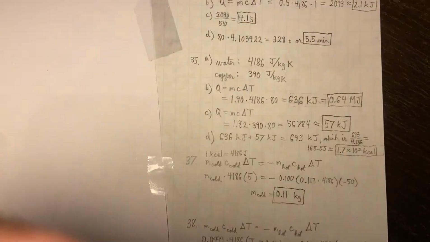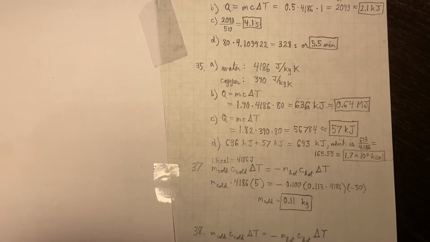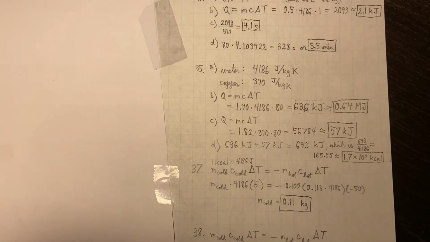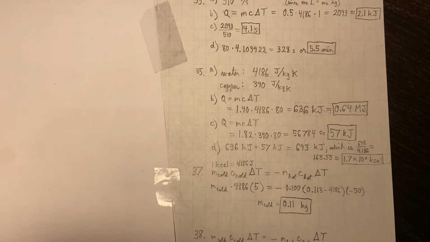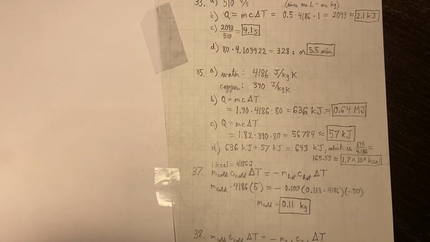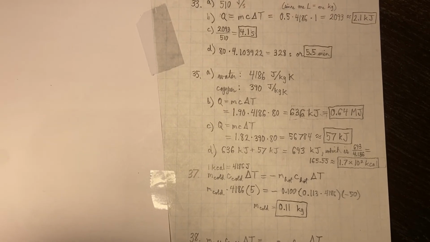Okay, number 37. 1 kilocalorie is equal to 4186 joules. And a really handy thing to do in these setups is to label cold and hot. The reason it's helpful is because it just makes sure we don't get confused about what we're plugging in.